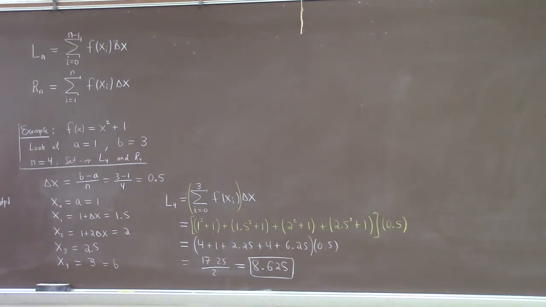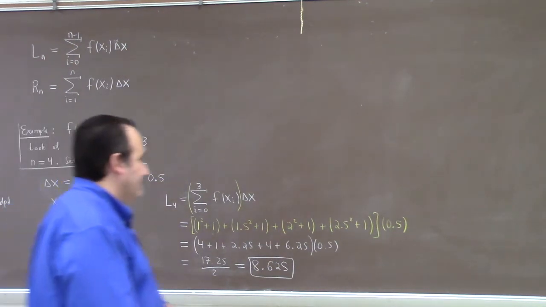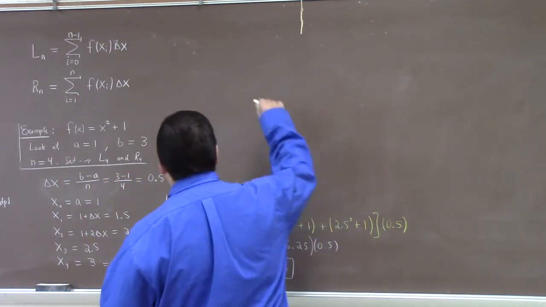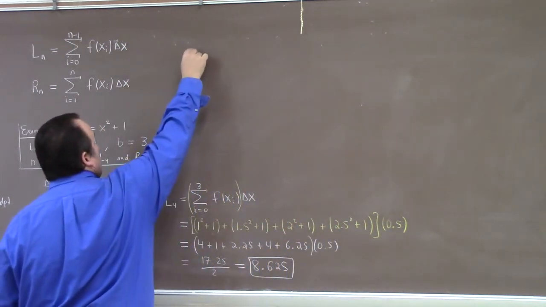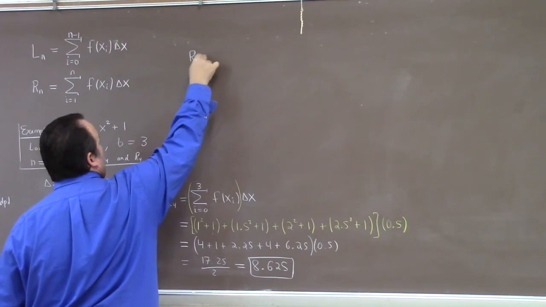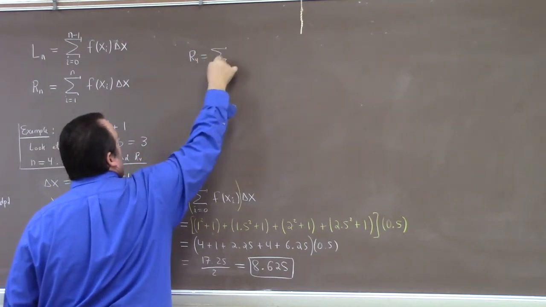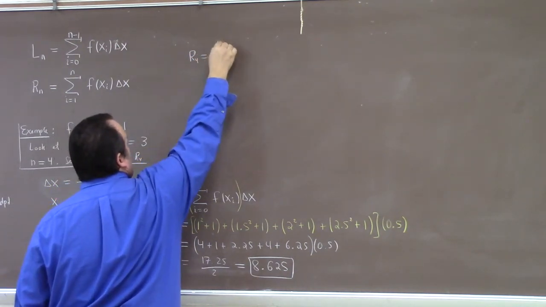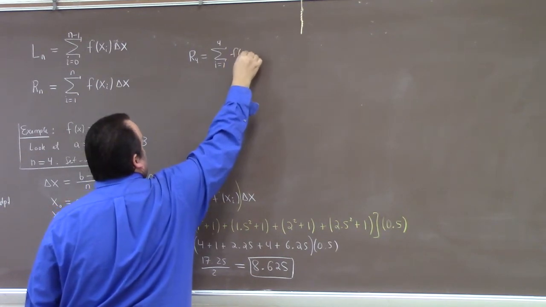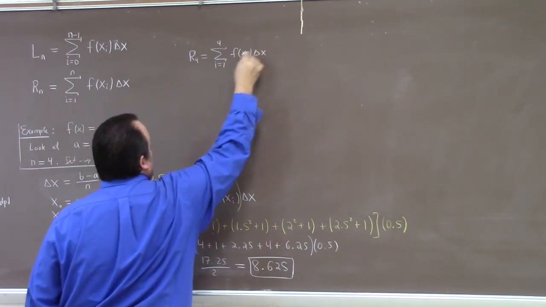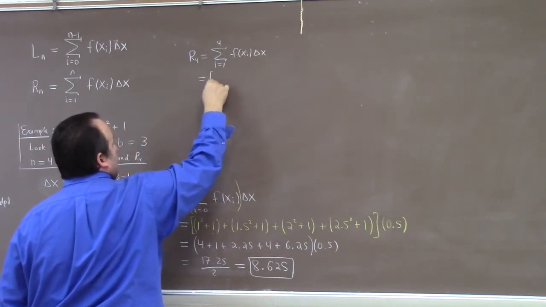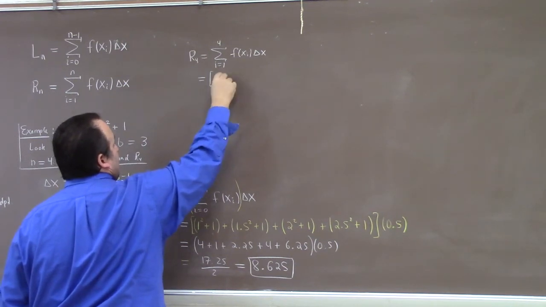What's R4? I'll write it up here. Sum i equals 1 to 4 of f of xi delta x. Again, I'll factor out the delta x. So I'll write it out symbolically to start with.